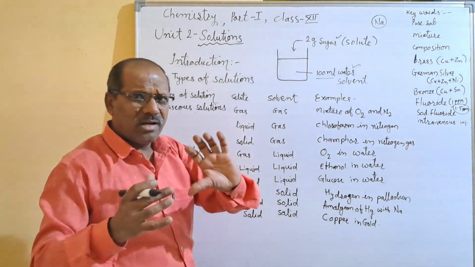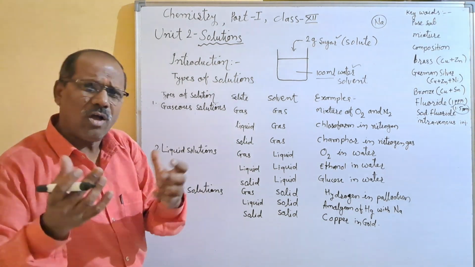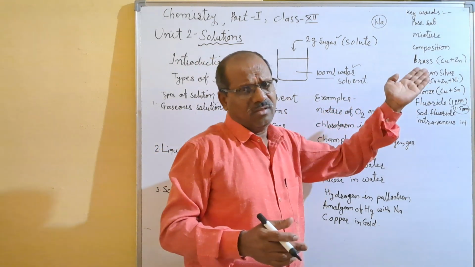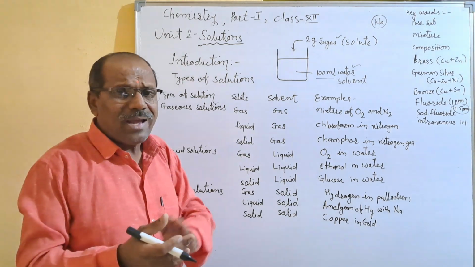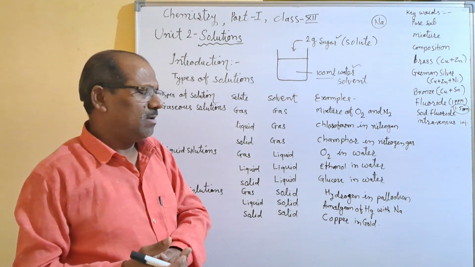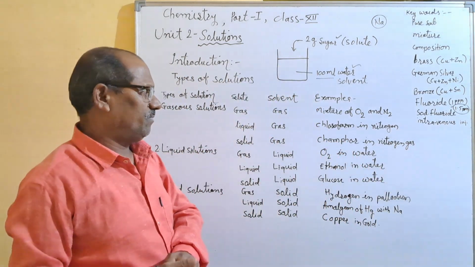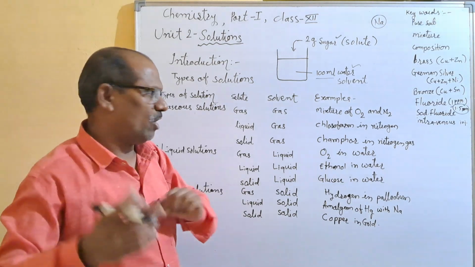The color of the teeth may change to yellow, brown, or even black. Whenever the concentration of fluoride increases, it may act as a poison. For example, sodium fluoride is acting as a rat poison. Whenever the concentration of fluoride is more, then it may act as a poison.